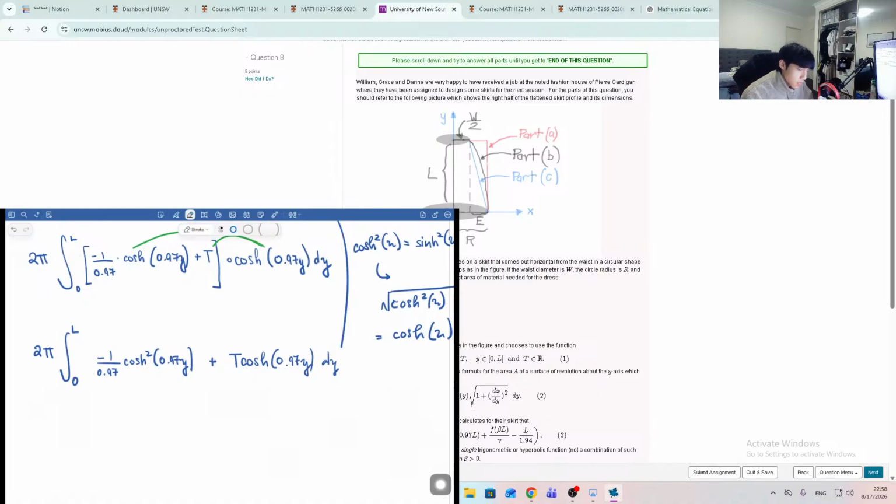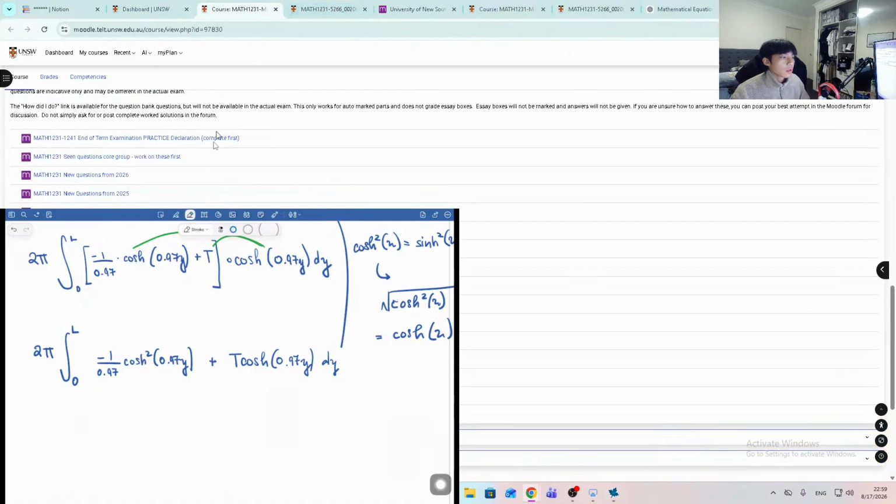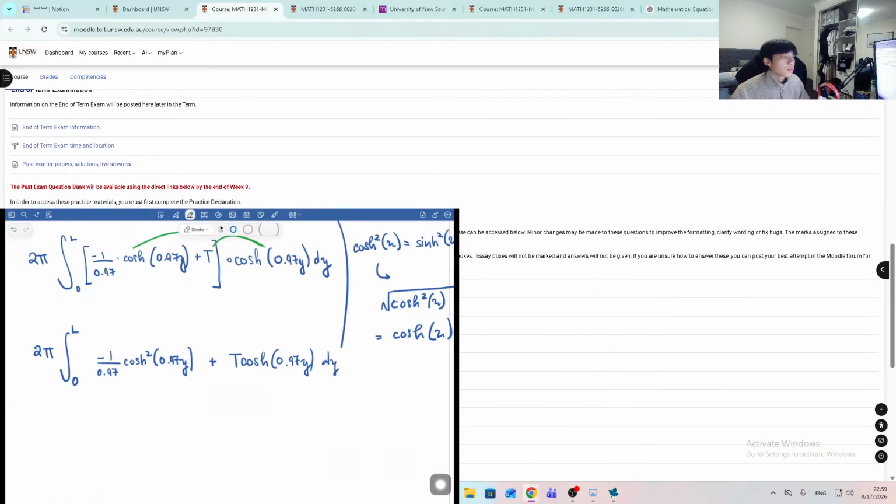Do we have methods for solving cosh, 1 plus sinh squared? How to integrate cosh and sinh squared.